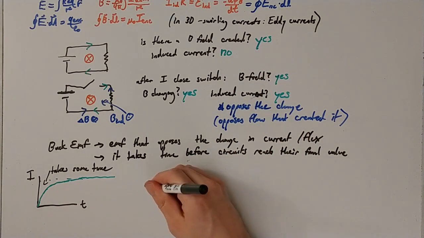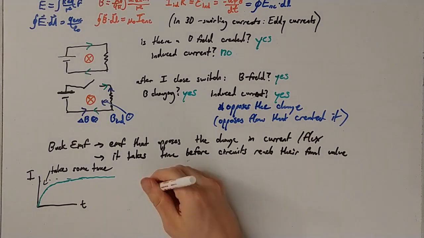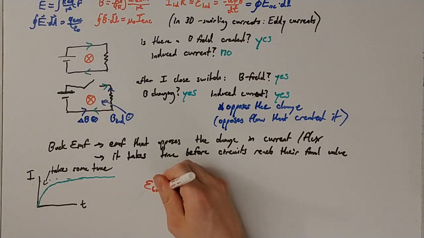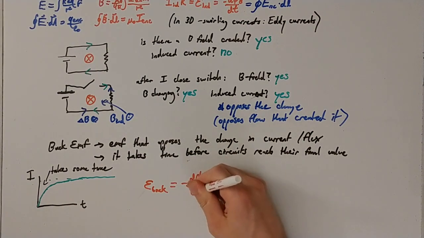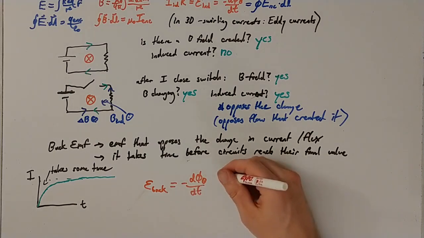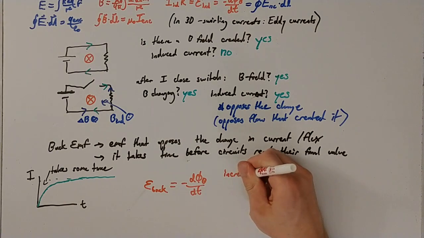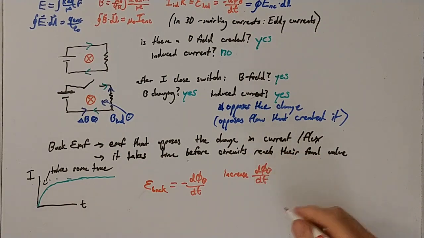The back EMF, or the induced EMF, depends on the change in the flux, dB/dt. So if we want more back EMF, we need to increase the change in flux, and that would give us more back EMF.